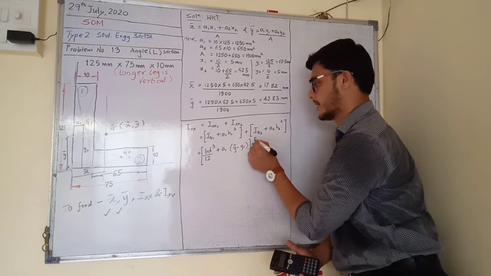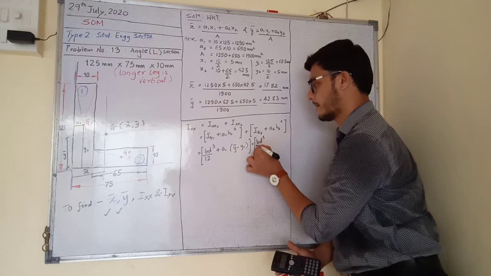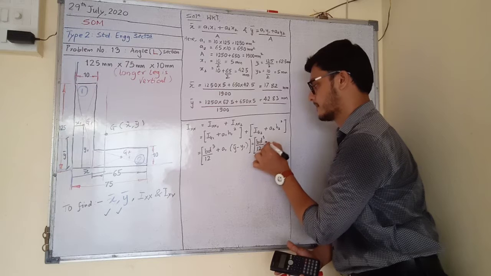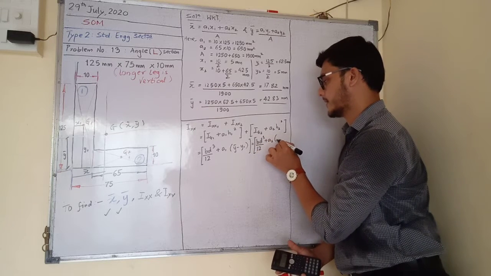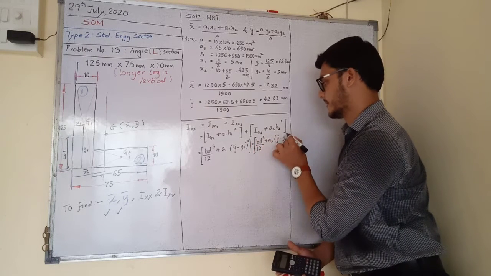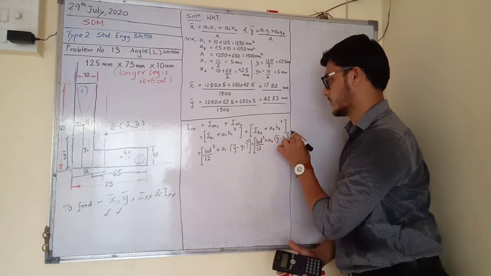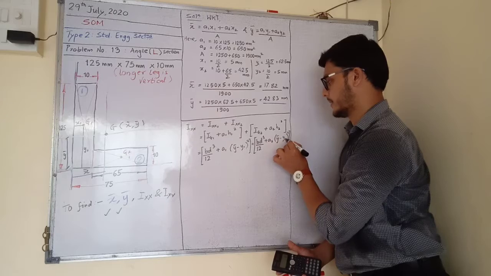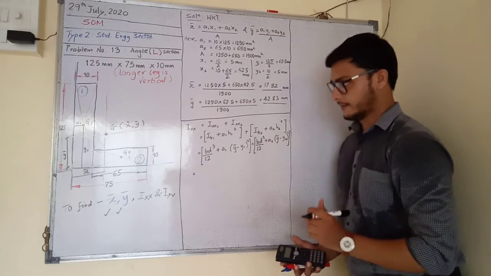Plus again Ig2 will be BD cube by 12 plus A2. H2 will be y bar minus y2, square is there, the whole square, h square. H is y bar minus y2. So y bar minus y2 square. Now you have to substitute the values and find the answer.